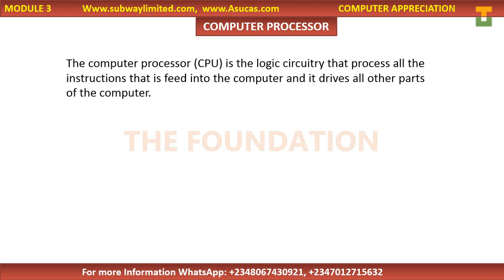If you are having mental problem, that means you have problem. You will be behaving abnormally. So the same thing is applicable with the computer. The brain of the computer that processes what comes into the computer and what goes out is the CPU.